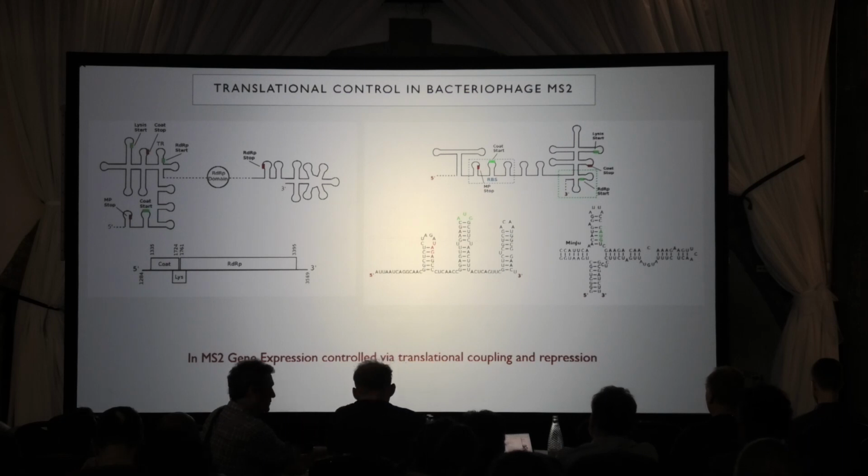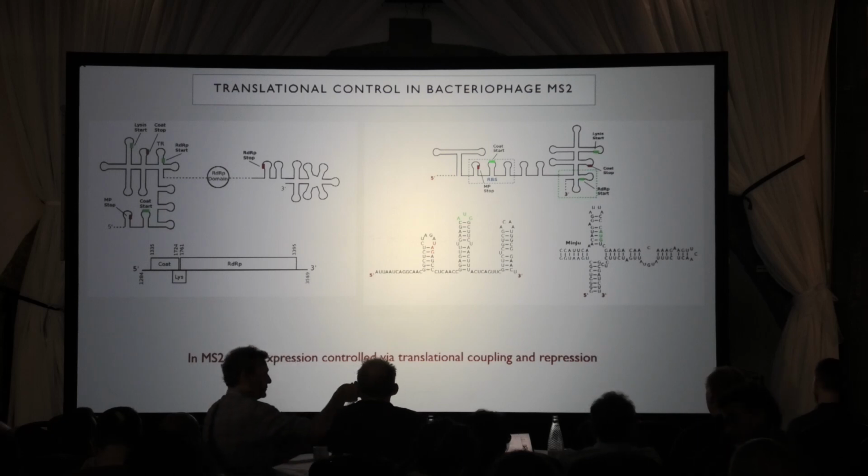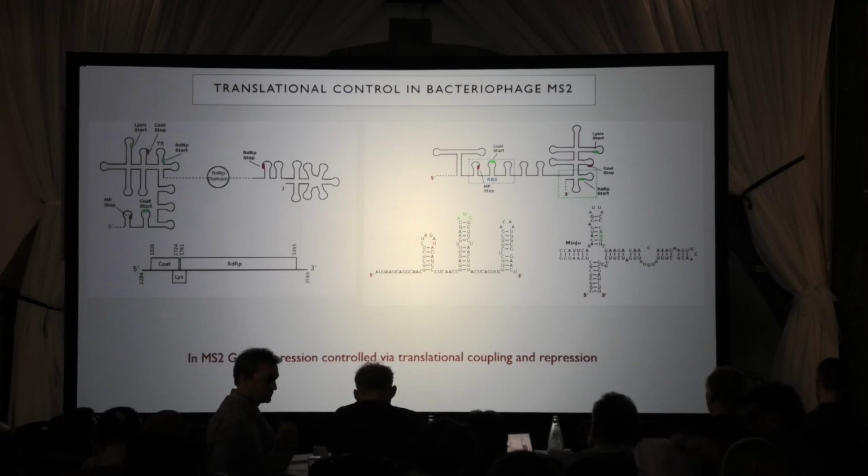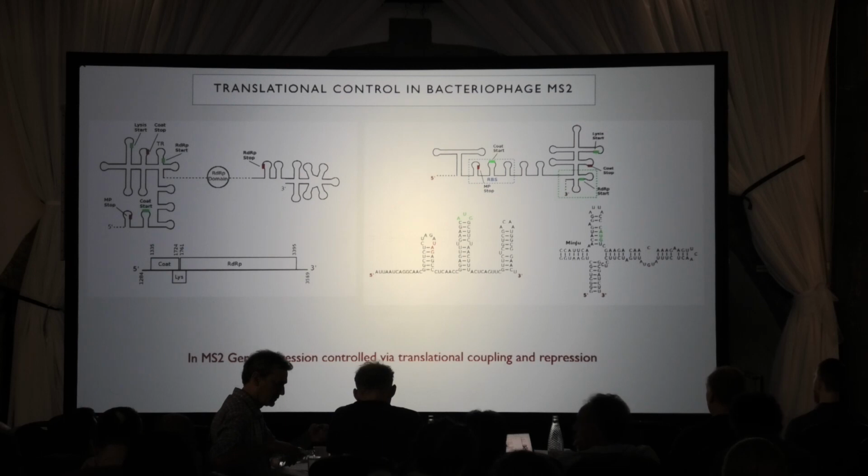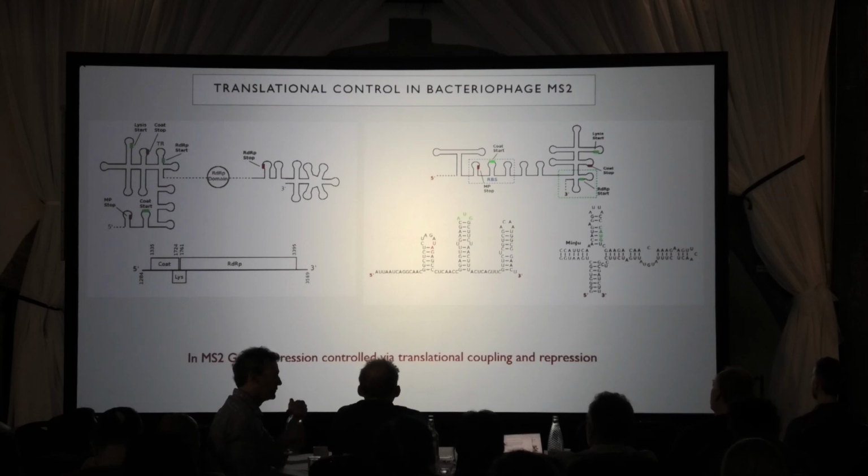In prokaryotes, the ribosome wants to bind predominantly single-stranded areas of the RNA. So this provides an area in which the ribosomal protein S1 will bind and then initiate on the start codon for the coat gene.